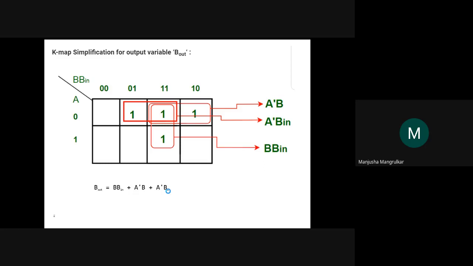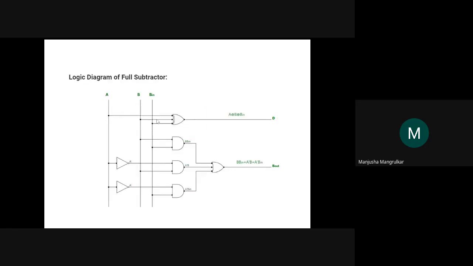Now if we design a circuit for the difference, all are XORing, right? A three input XOR gate has been used here, the same as in the adder. Only the borrow and carry circuit will change. In the subtractor, there is a borrow circuit. So this is Bin, your first term, this is A complement B, and this is A complement Bin. Now you are ORing all these three: Bin plus A complement B plus A complement Bin. This is your borrow out, right?